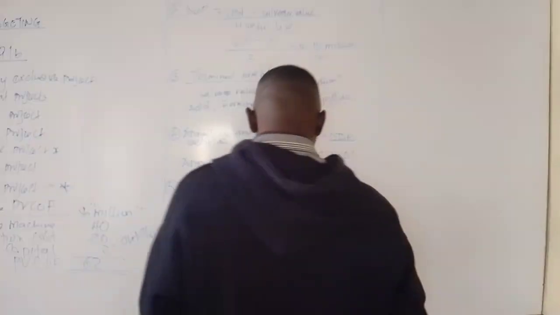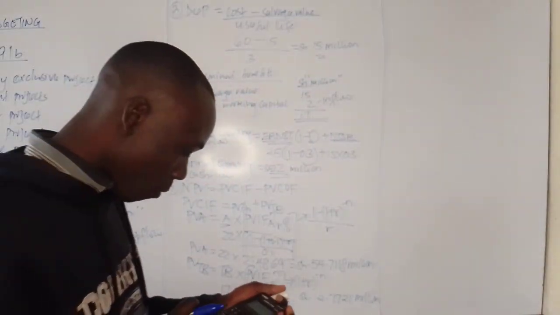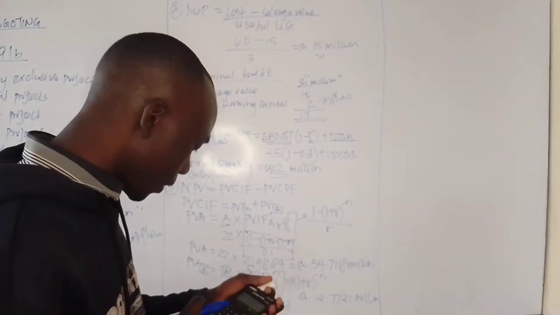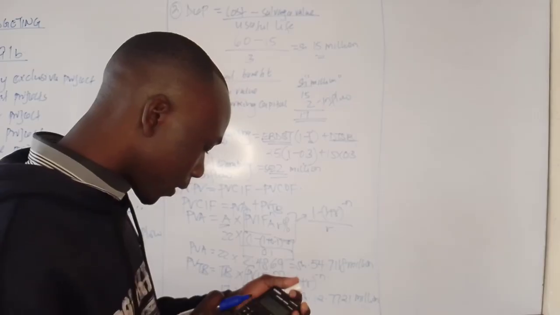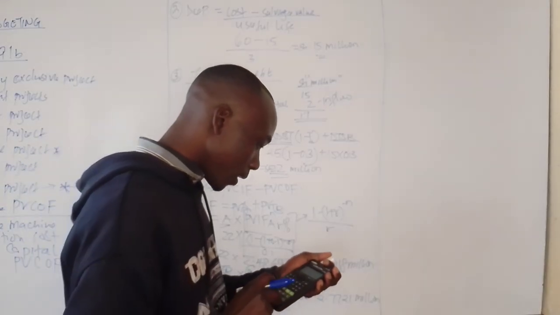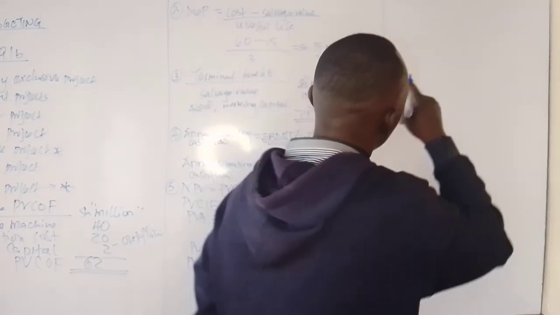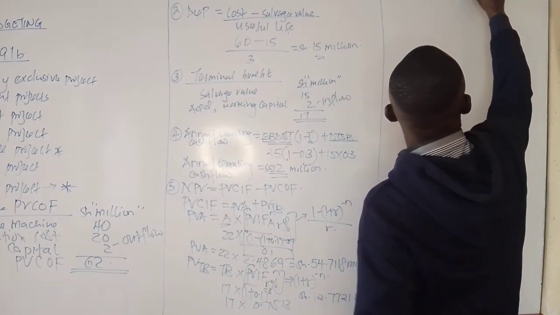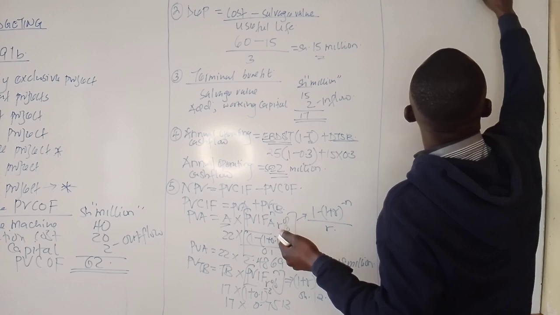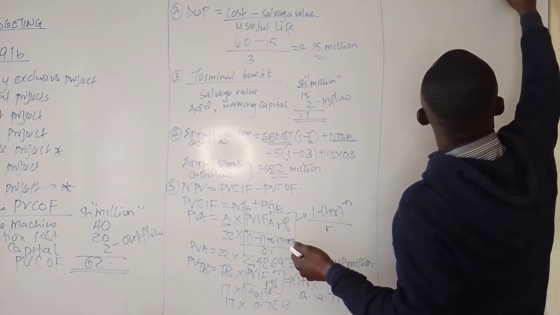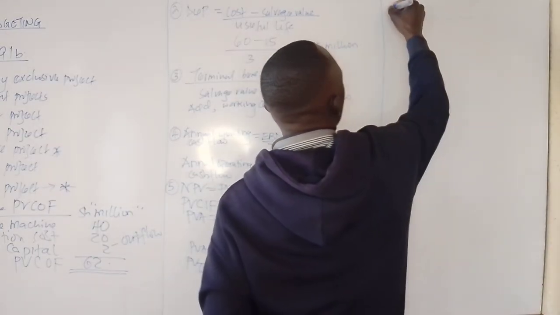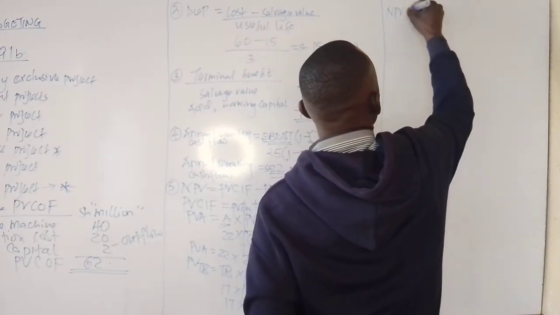So therefore, it is 54.7118 plus 12.7721. In this case, you will get shillings 67.4839 million. Then from there, now we can get our NPV.